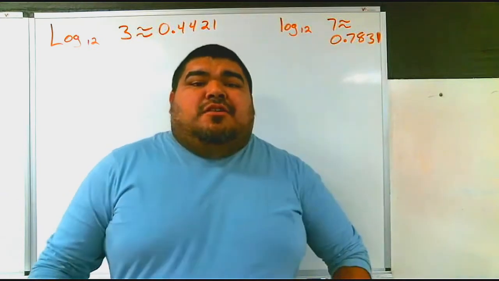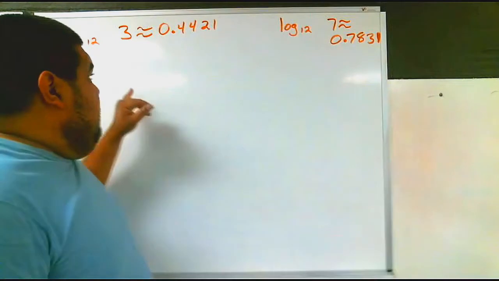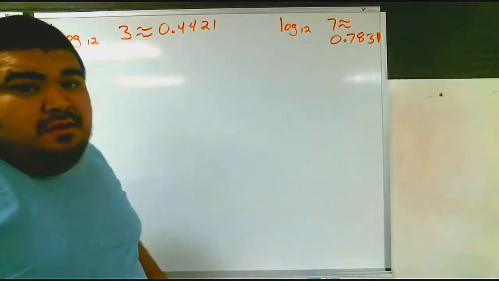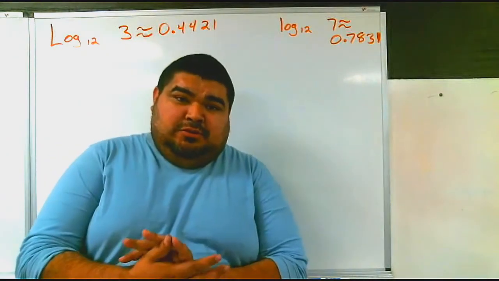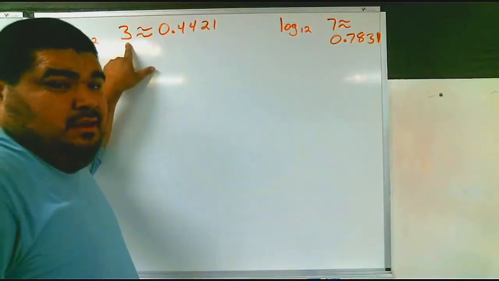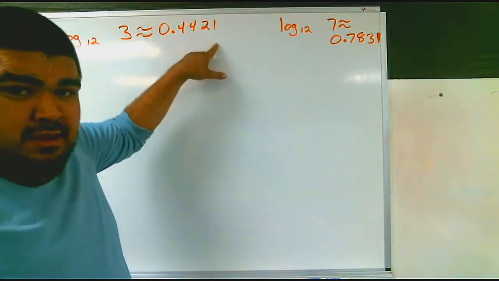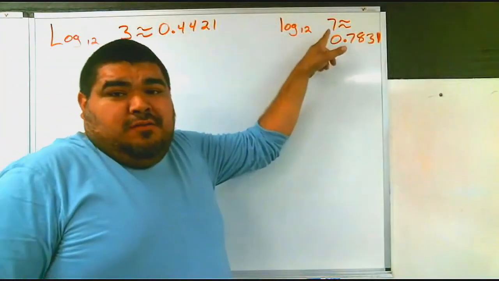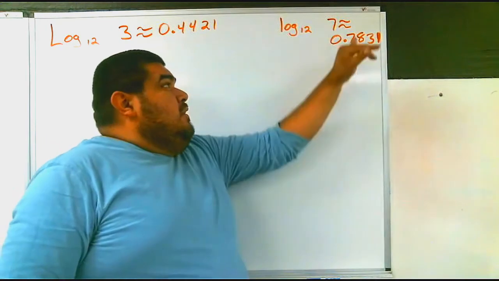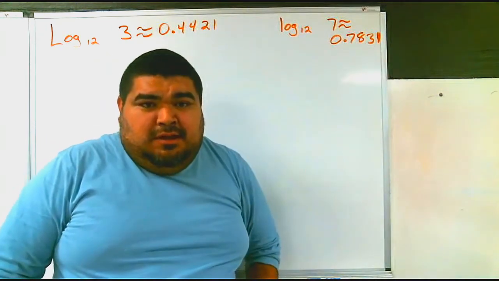All right, guys, so for your assignment for today, okay, notice I already have up here, okay, the values you guys are going to use today. So for log of 12 to the base of 3, okay, it's approximately 0.4421, okay. For log of 12, 7, it is approximately 0.7831, okay.